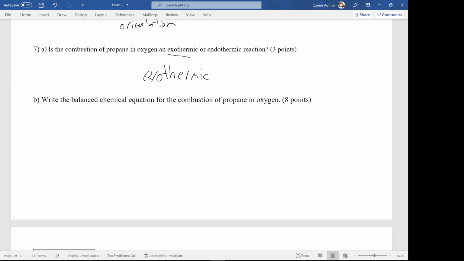And generally also, a combustion reaction is pretty much always going to be an exothermic affair because oxygen is combining with something and releasing a whole bunch of energy in the process. But more than that, we need to write out the balanced chemical equation for the combustion of propane and oxygen. So first, we got to think back to the previous test to know what propane is.